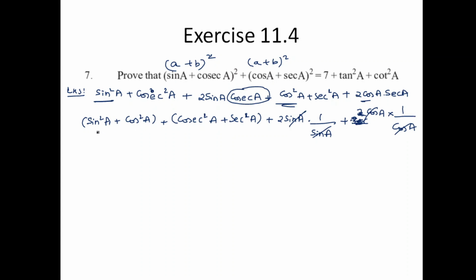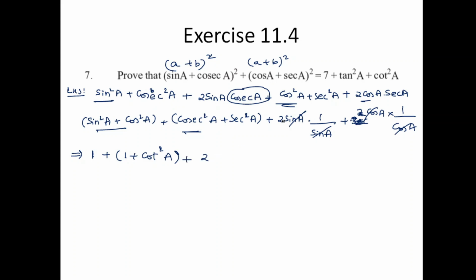Now, if you remember the identity, sine square A plus cos square A is written as 1 only. So if I look at the next different terms here, this is clear up to here, right? And here cosec square identity, if you remember, I can write this as 1 plus cot square A value, right? Good.